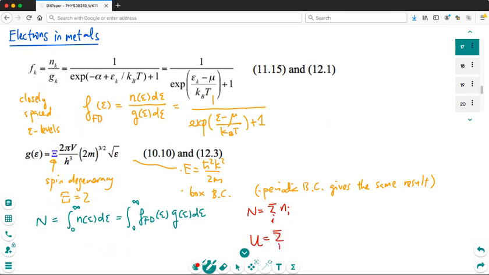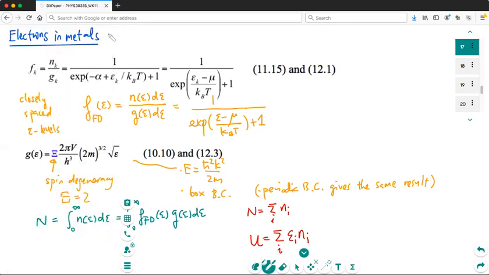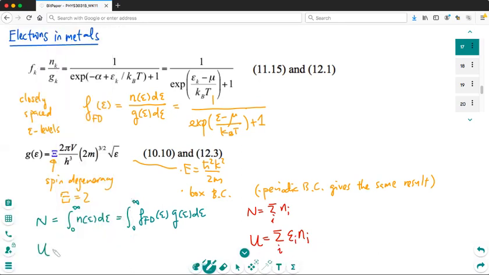Okay, so similarly, we have another very basic one. How do I calculate my internal energy U? Sorry, it's hard to write at the bottom of the screen. This is the sum of epsilon_i n_i. Okay, so this is a discrete form, and for the continuum, we have this integral to worry about.